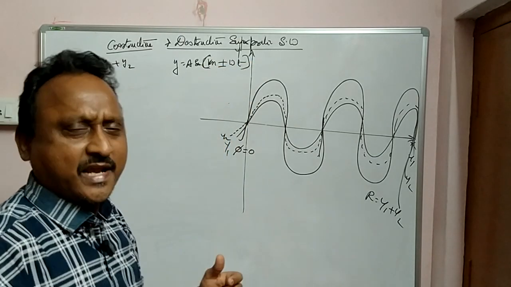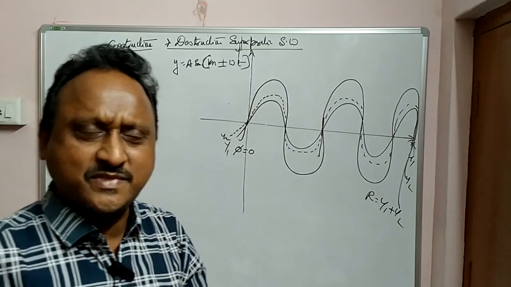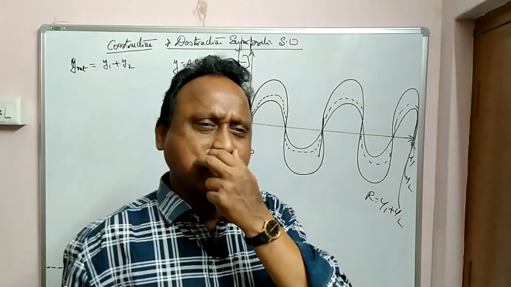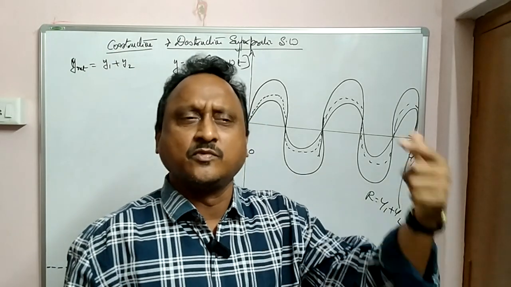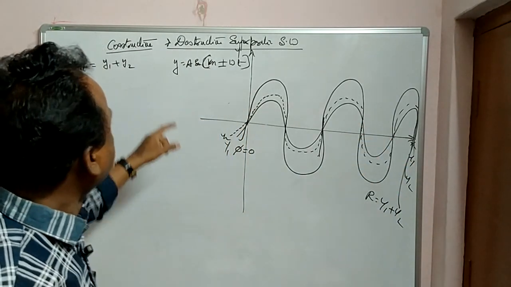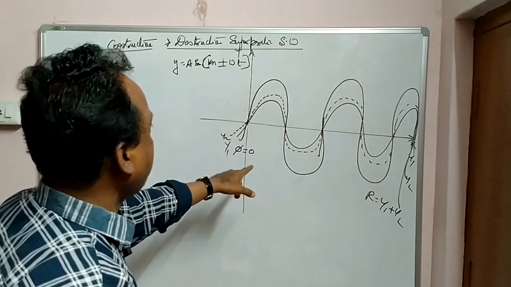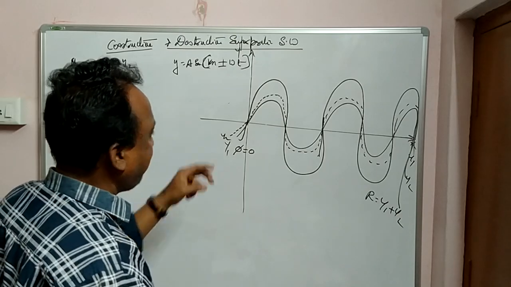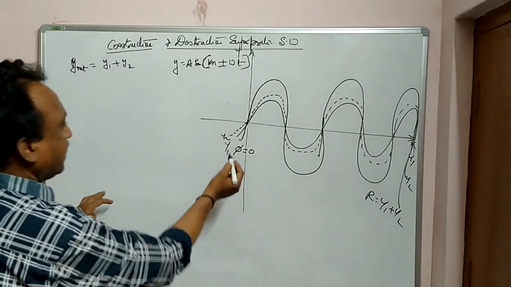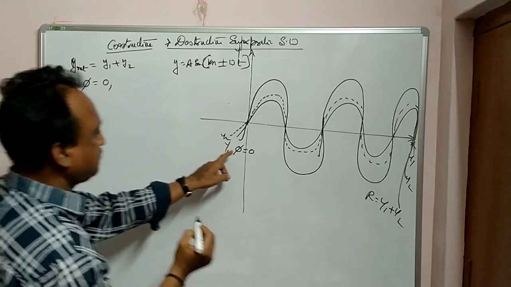Okay? So depending upon plus or minus, minus means positive x direction. If both are the same sign, negative x direction, either minus or plus. If one is plus, another is minus, going in positive direction. So if you observe the two waves, here you can get the resultant is maximum. So for maximum constructive, what should we get the value here? The phase difference, if you observe carefully, starts from 0.